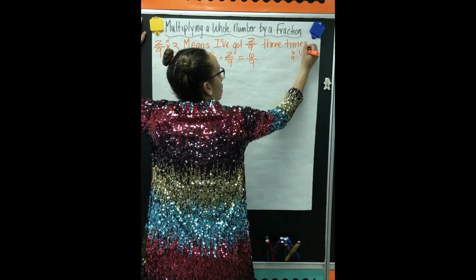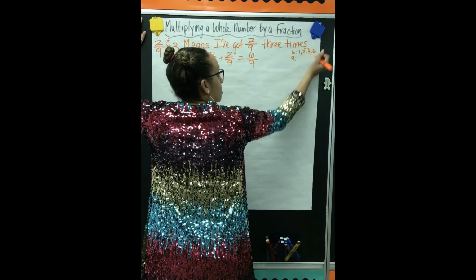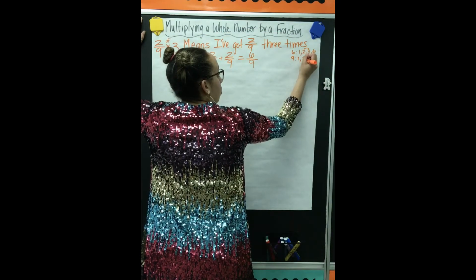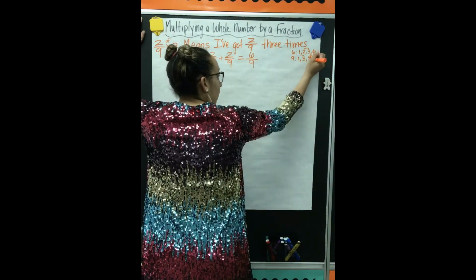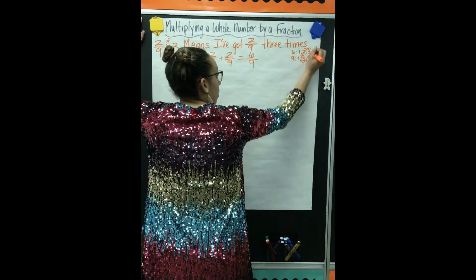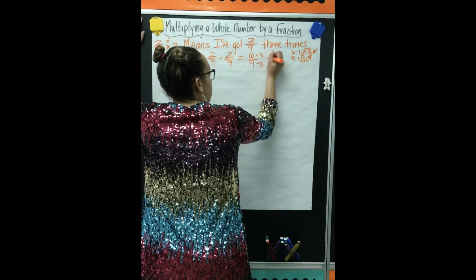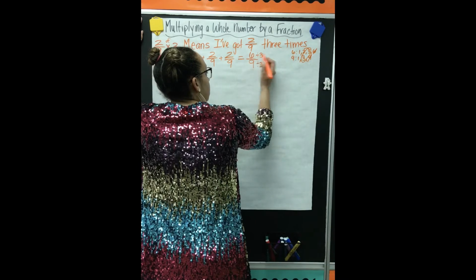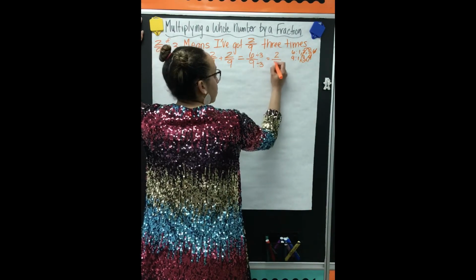We have 1, 2, 3, baby rainbow, 6. We have 1, 3, baby rainbow, 9. Well, 9 can't go in, 6 can't go in, 3 can, that's my greatest. We're going to divide this by 3, divide this by 3. We have 6 divided by 3 equals 2. We have 9 divided by 3 equals 3.